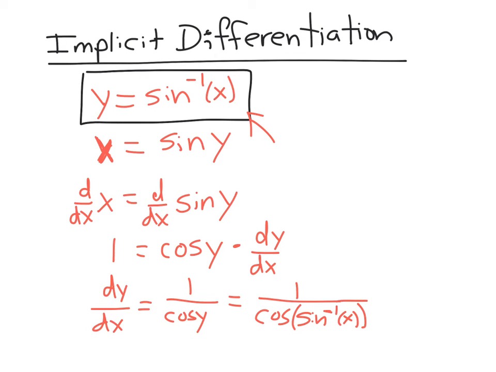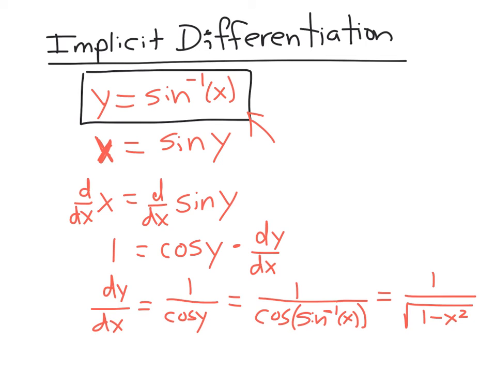And the bottom of that expression is exactly what we figured out in our specific example. So we have 1 over the square root of 1 minus x squared. And it turns out that we have found the derivative of the inverse sine function in this way.